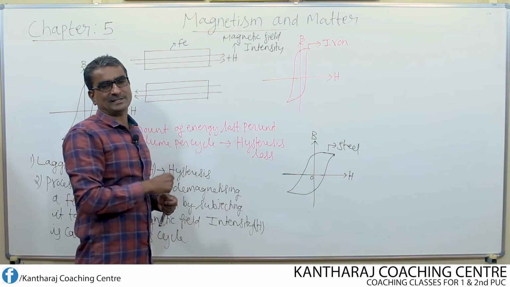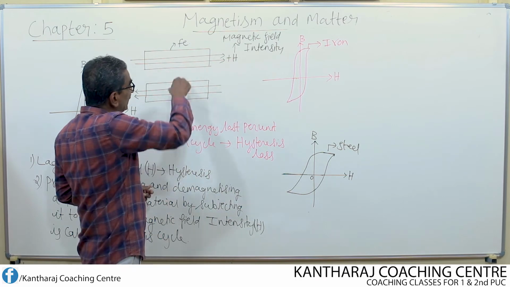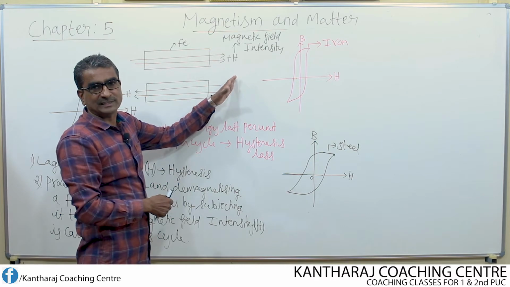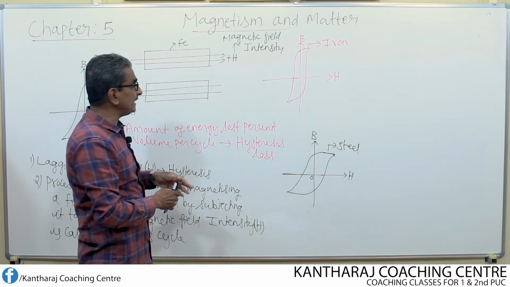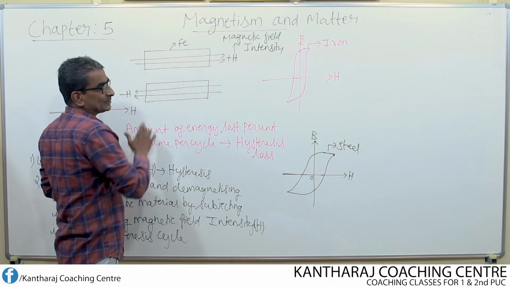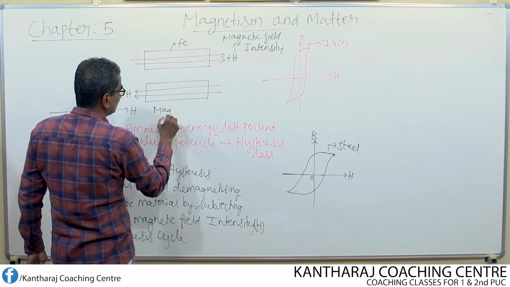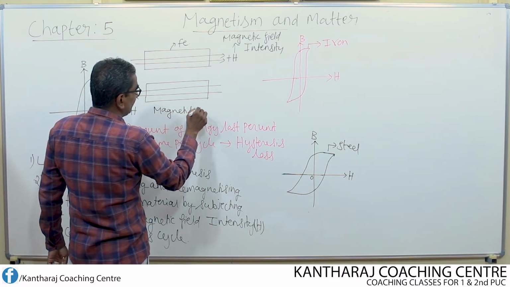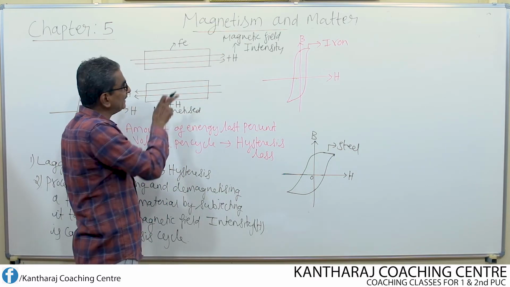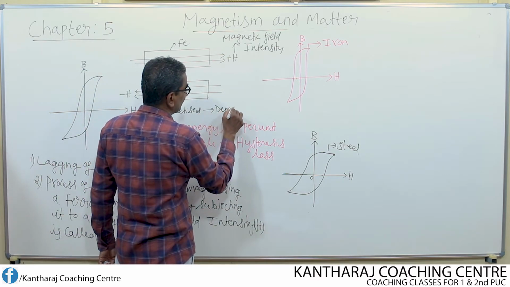It gets magnetized. If we magnetize this in one direction, then we can demagnetize it by applying the same magnetic field intensity in the opposite direction. What does it mean? Suppose an iron bar is magnetized by making use of positive H, that means magnetic intensity in the positive direction, then it is demagnetized.